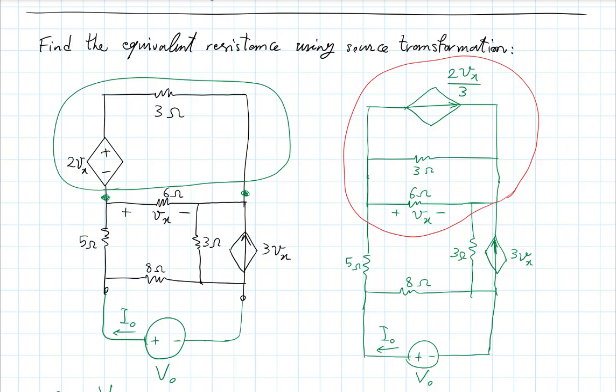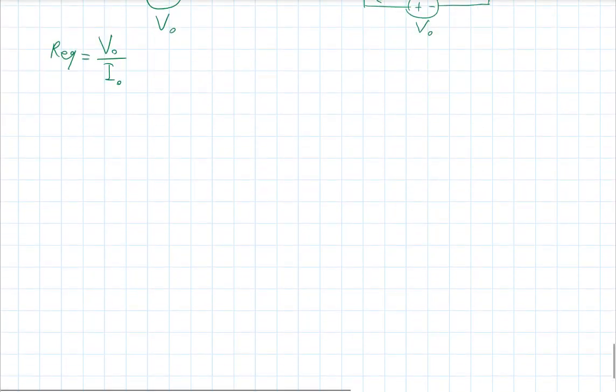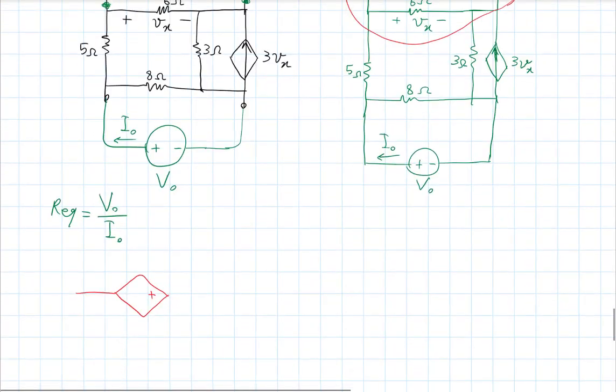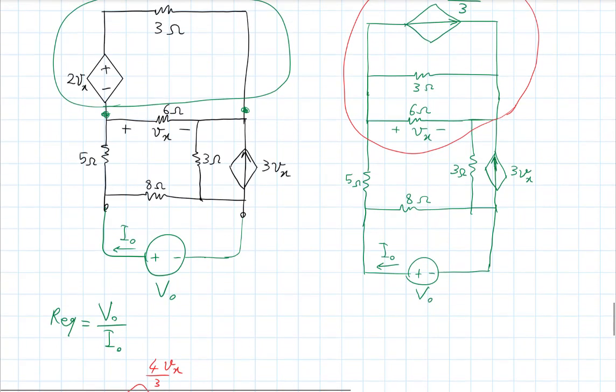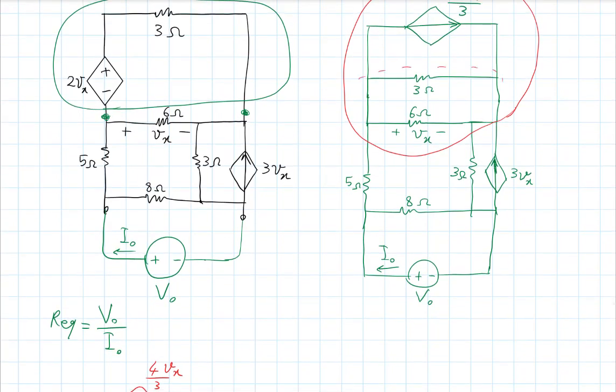So I have 2 ohms with that current source. So the open circuit voltage will be the current times 2, so that's 4/3 of Vx. And pay attention to the direction. So let's say that this is just 2 ohms.